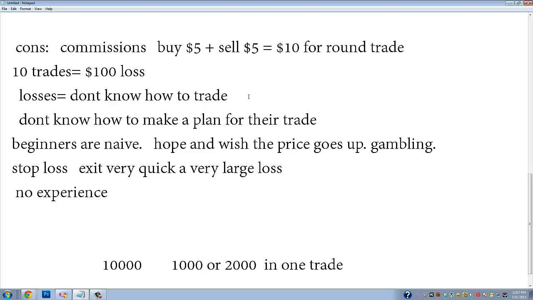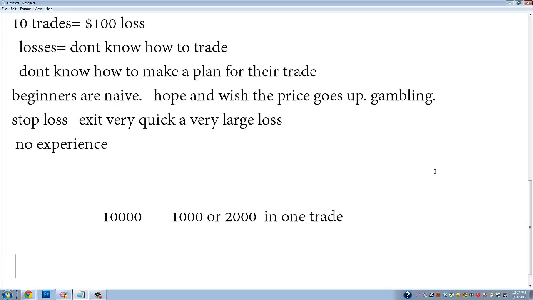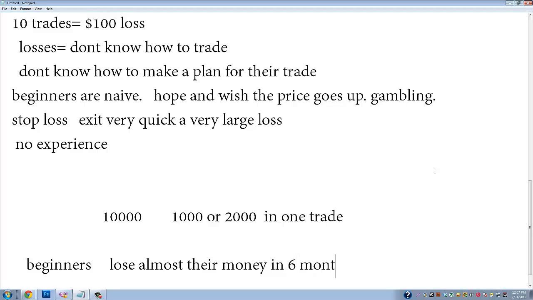Don't use all your money in one trade if you are a beginner, because if you lose a lot of money, your account will be less and less, and then you cannot trade anymore.